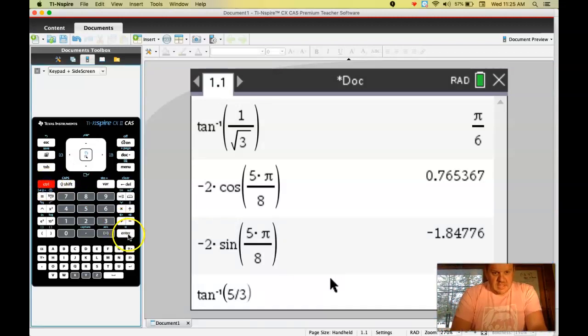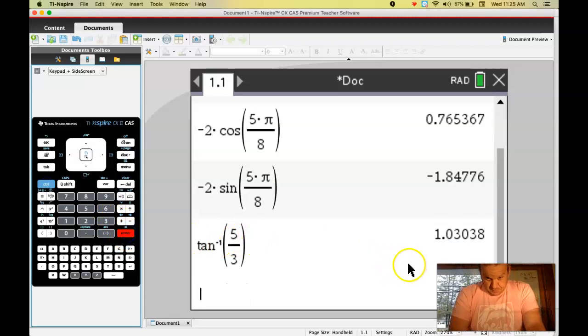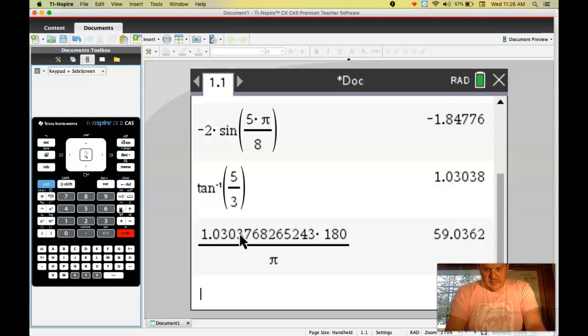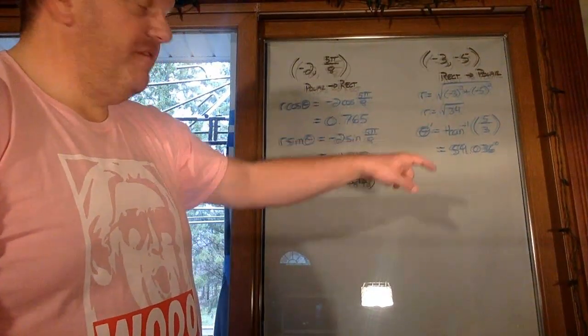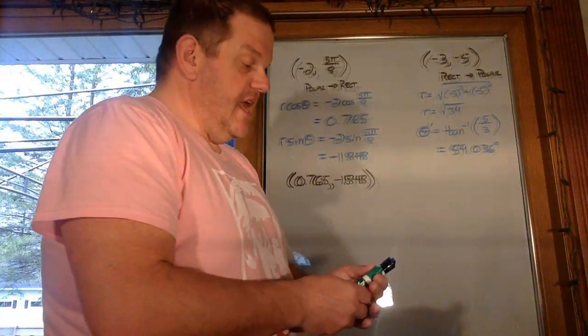Now mine is going to give it to us in radians, so I'm going to need to multiply that by 180 divided by pi. So that gives me a 59.036 degrees reference angle. Okay, so we've got a 59-degree reference angle there.